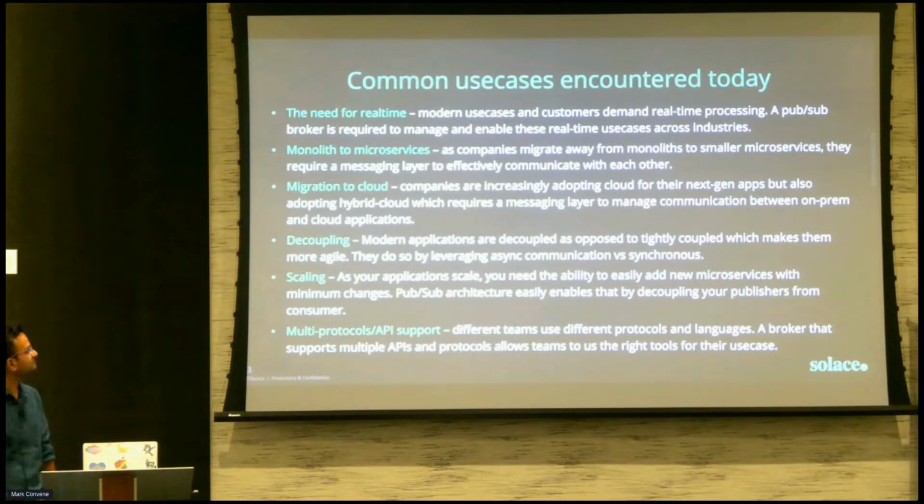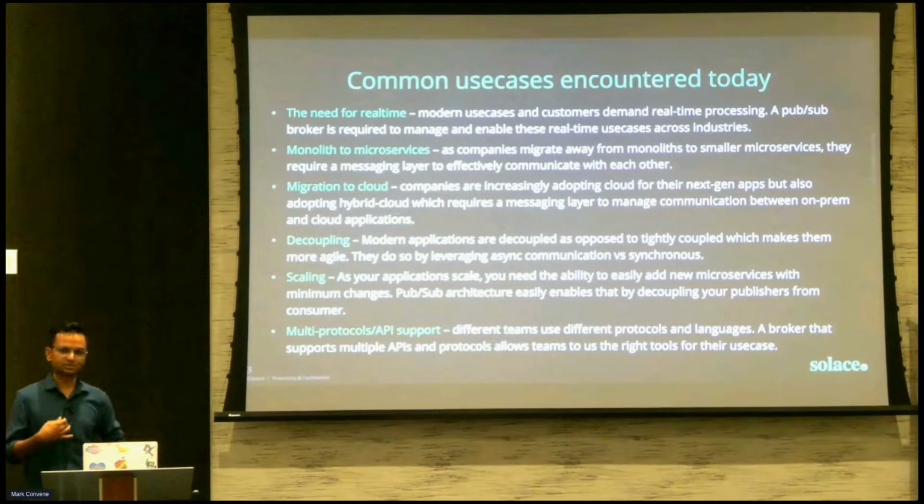So first of all, the need for real-time, that's the main one. Moving away from or complementing your synchronous APIs, poll-based approach, and batch processing with real-time messaging, that is the main one. If you were here yesterday for the keynote, I mentioned then that the clients that I focus on mostly as a solutions architect are in financial markets.